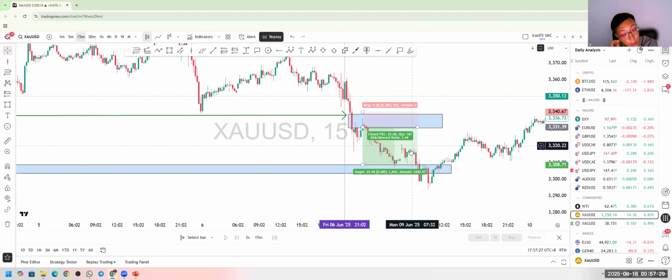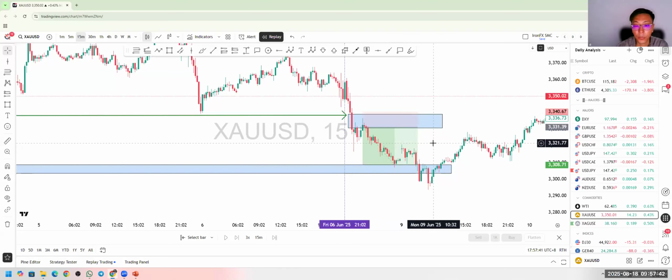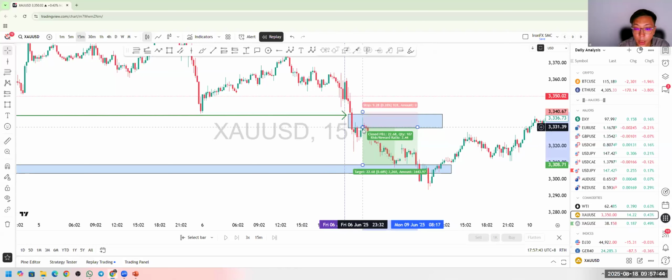So this is to play safe and exit before we start to feel some kind of roller coaster feelings. So getting a risk to reward ratio of 2.4, roughly about there. You can see how I wouldn't enter at half of the fair value gap. I would have entered right at the fair value gap here.